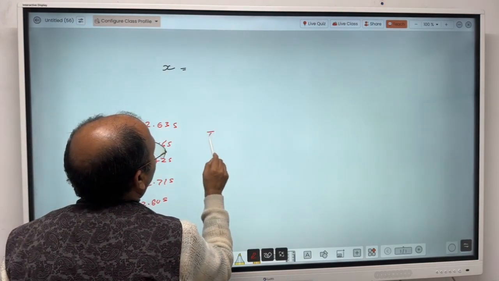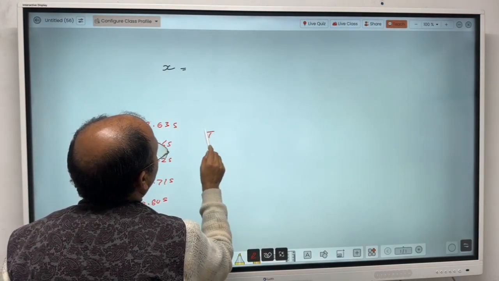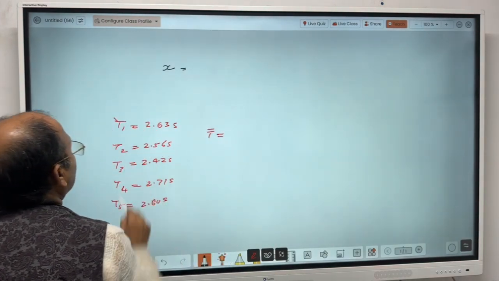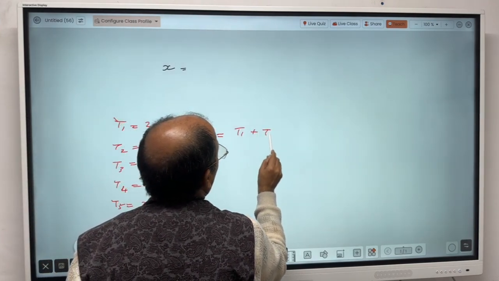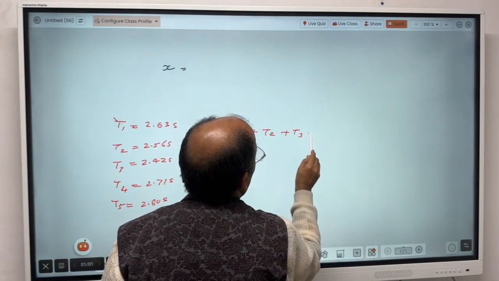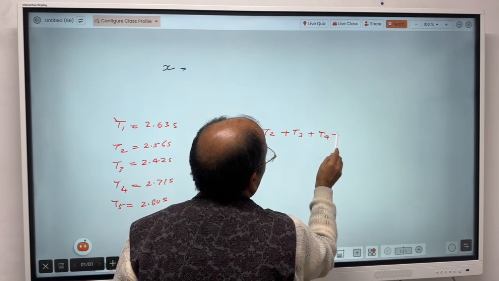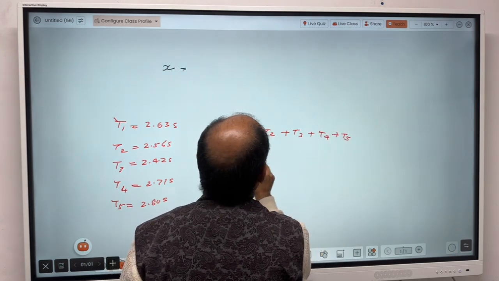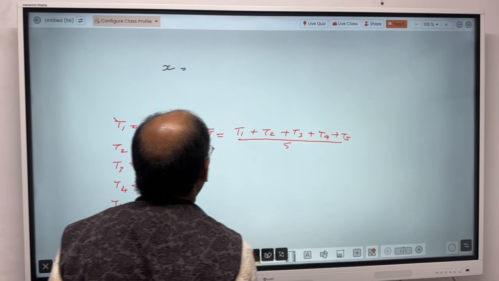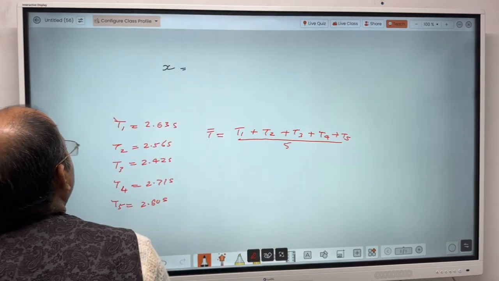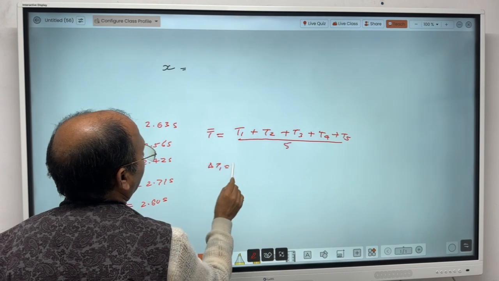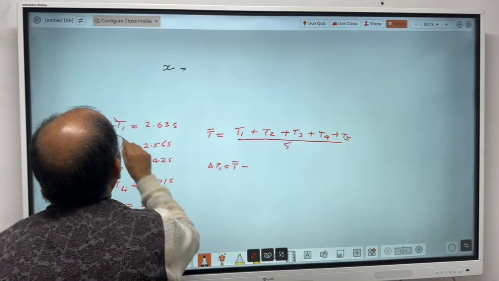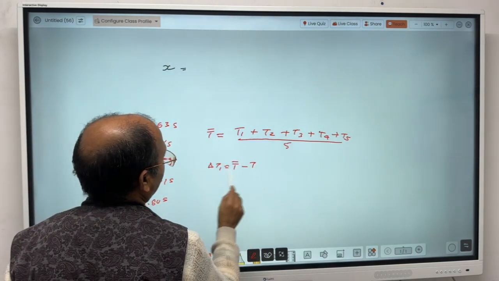So for that, as I told you, first you should find out what T bar is. T bar means you will find the average of these values. So you can write T1 plus T2 plus T3 plus T4 plus T5 divided by 5. Now, what will be the next step? You have to find delta T1, which will be T bar minus T1.